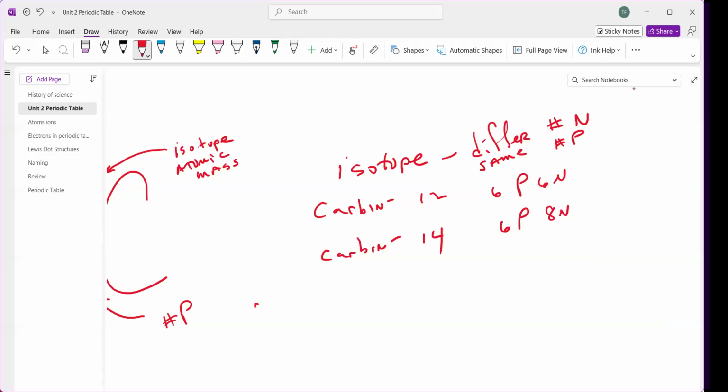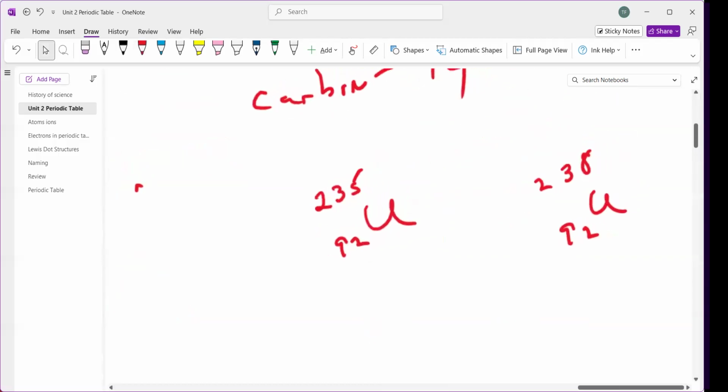For example, right now, the big controversy with Iran is, do they have enough uranium to be weapons grade? Okay, weapons grade uranium is uranium-235.